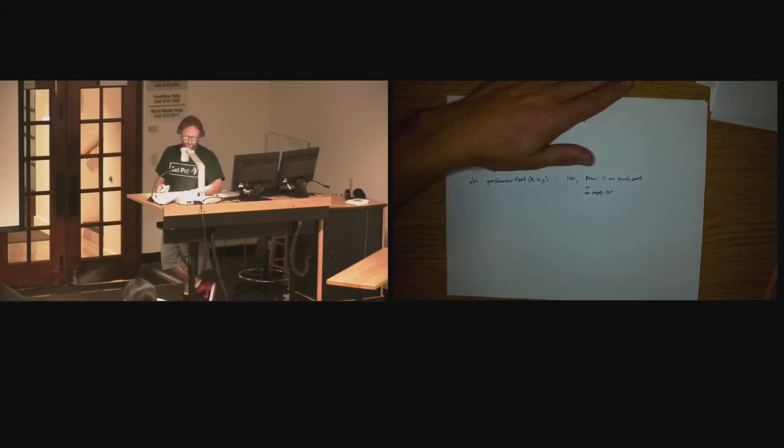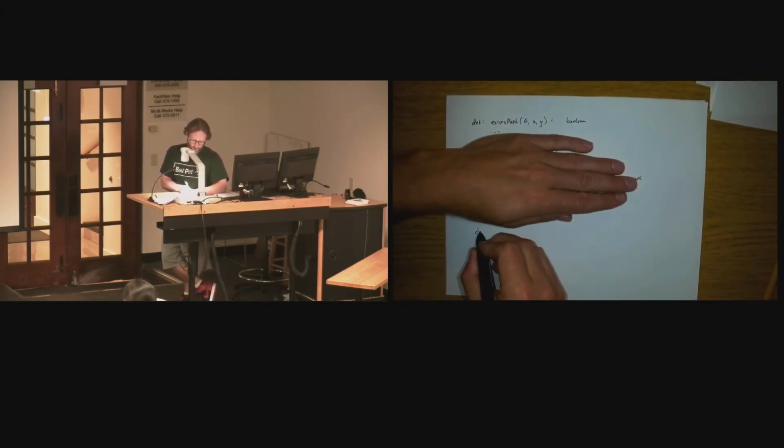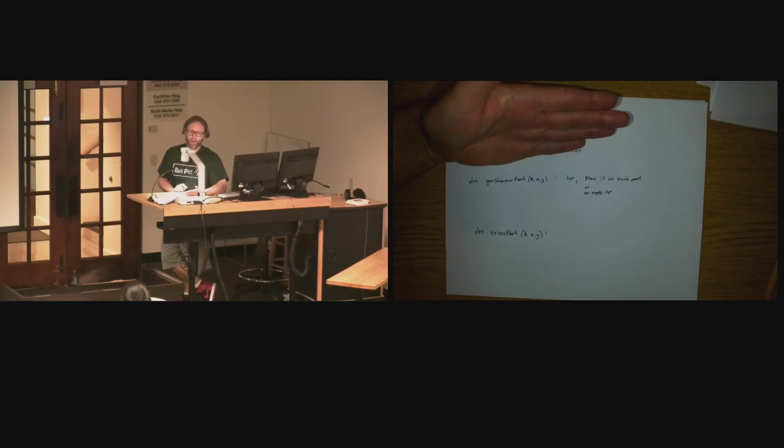Let me write a function now. Def exists_path of G, X, and Y. What does that look like now if I've got access to this library function up here? What should I return?